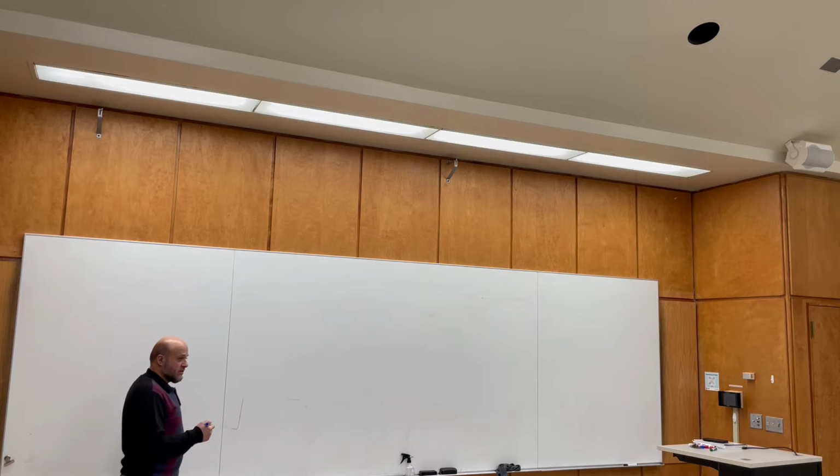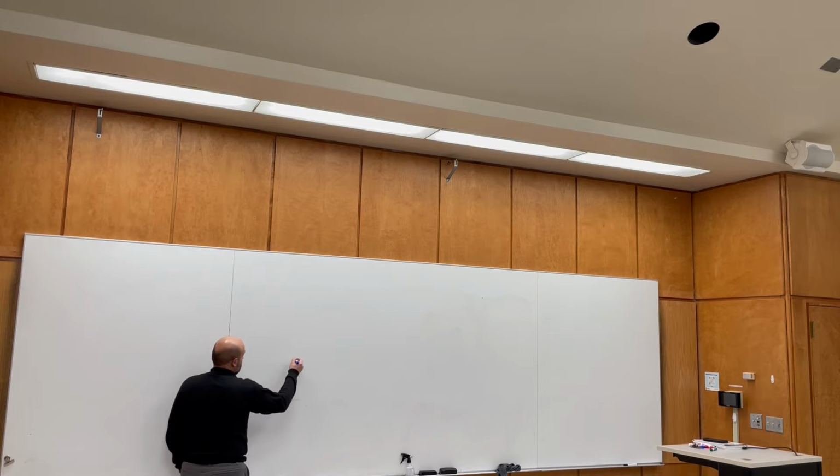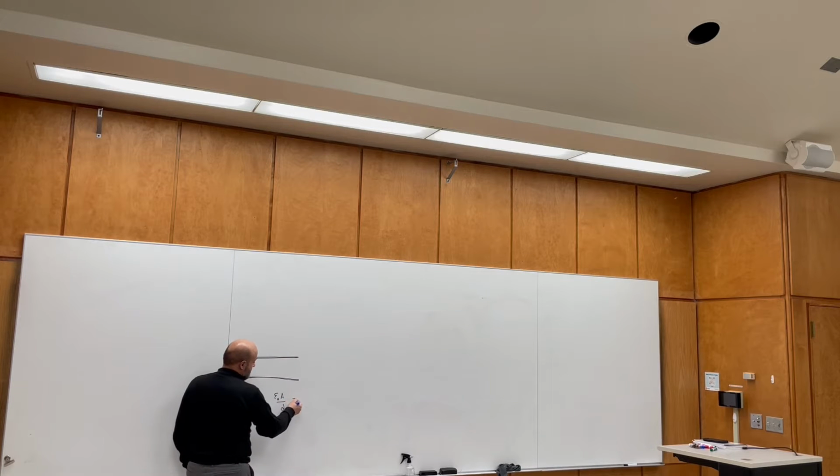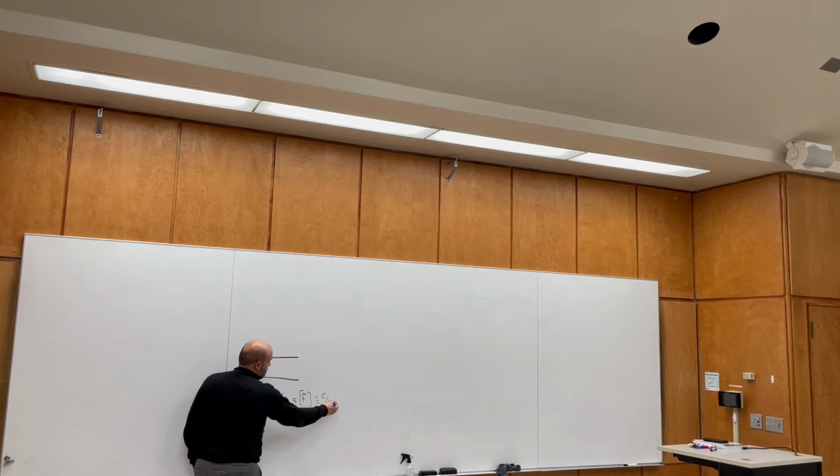So for capacitors, I'll quickly remind you of what we did yesterday. If we have 2 plates parallel to each other, this is the capacitor. It has a capacitance C, which is epsilon 0 A over D. Even if there is no voltage, this capacitance has a unit called farad, which is coulomb per volt.